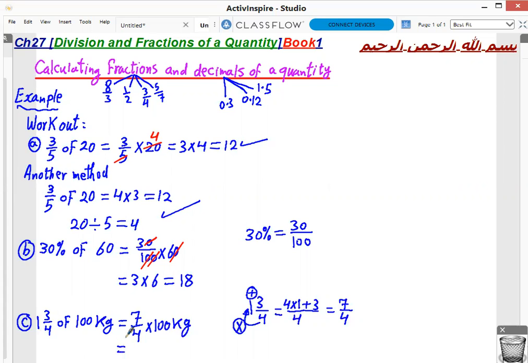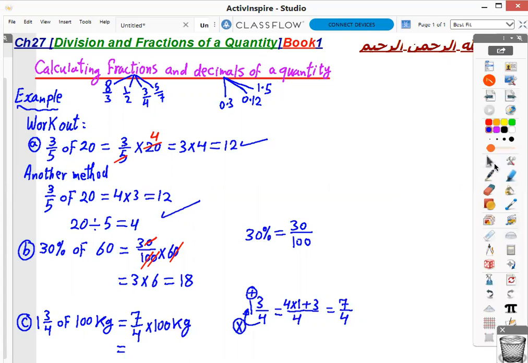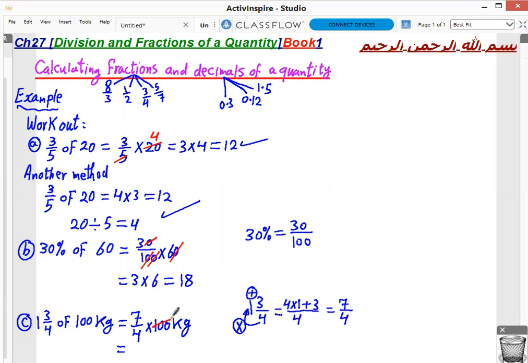If you want to simplify, you must simplify 100 by 4. 100 divided by 4 is 25.